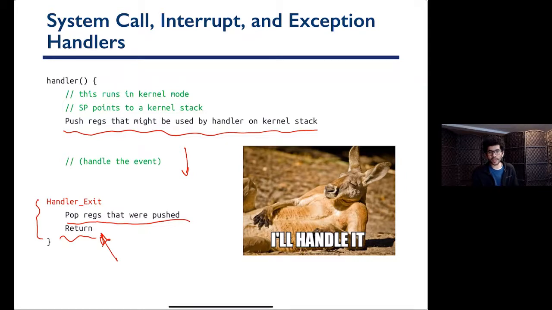If you came here from user mode, you're going to go from kernel to user. If you came here from kernel code, this is going to be a simple function return. So this return depends on the mode you were previously in.